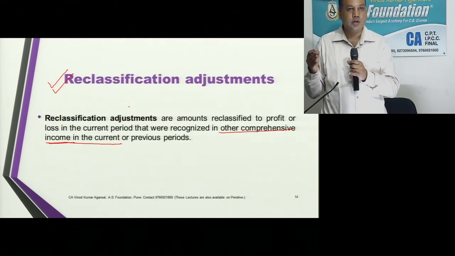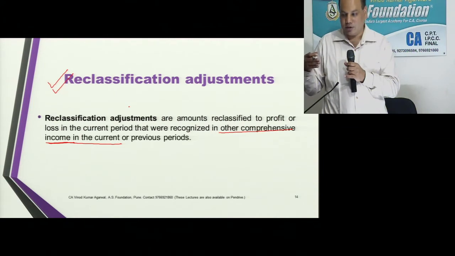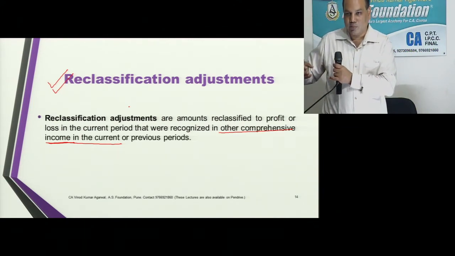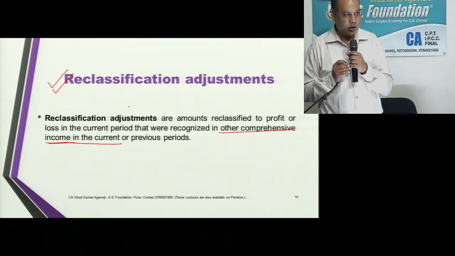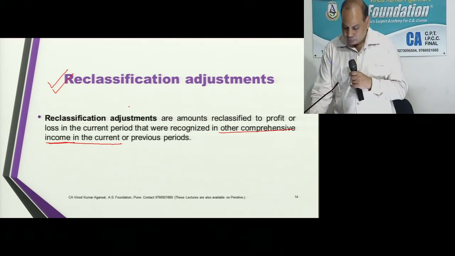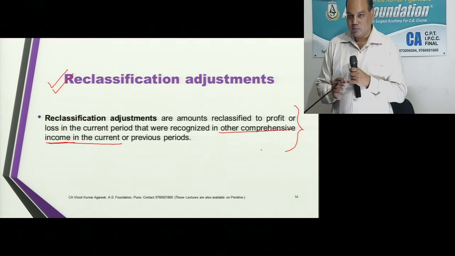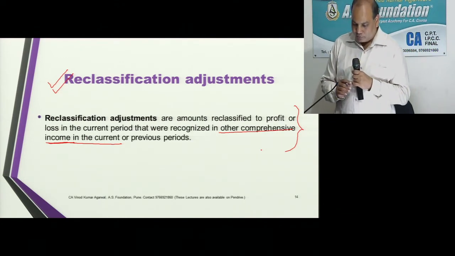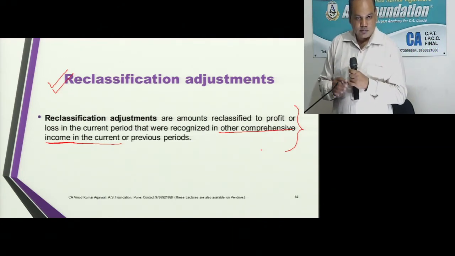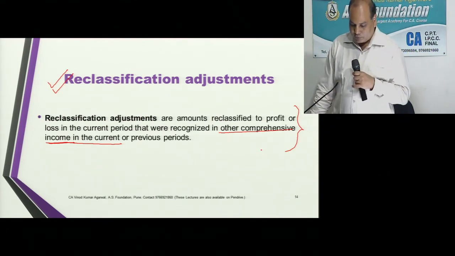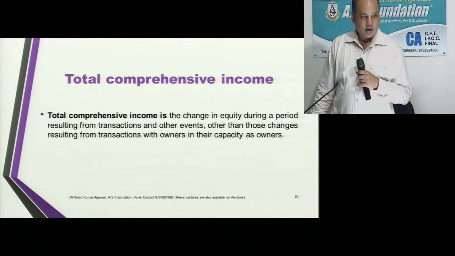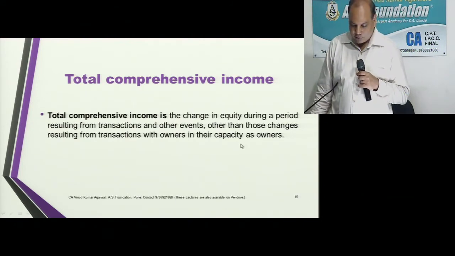Unless you read all standards, you will not understand and remember which item needs to be recycled from other comprehensive income to profit and loss account. But at least you got the meaning. These are those items which will be reclassified from OCI to P&L account. But for understanding those individual items, you will need to study other standards also.